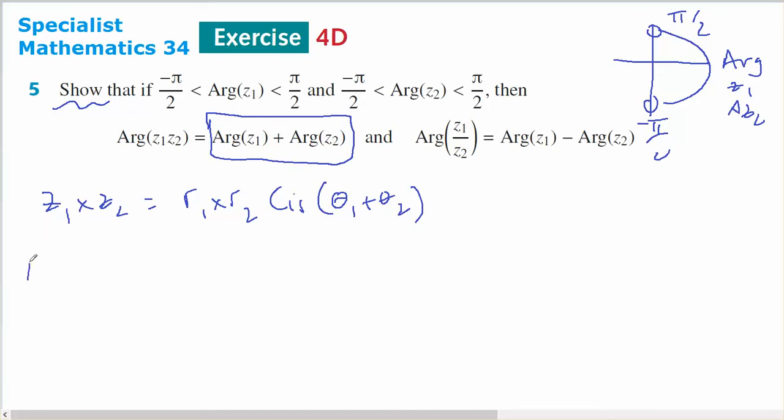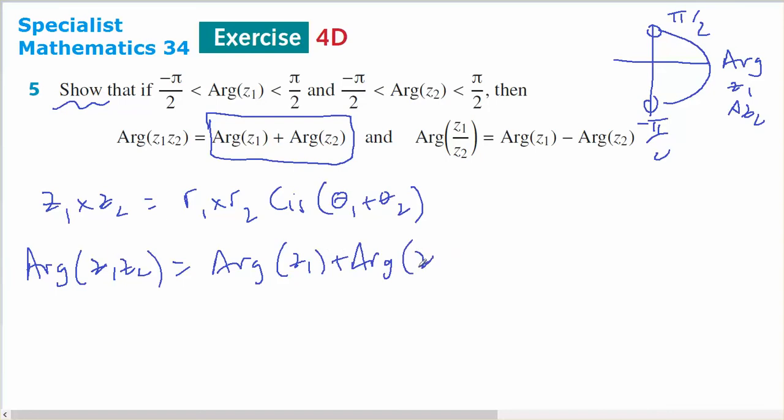So what we're showing is the argument of Z1 Z2 is going to equal the argument of Z1 plus the argument of Z2.